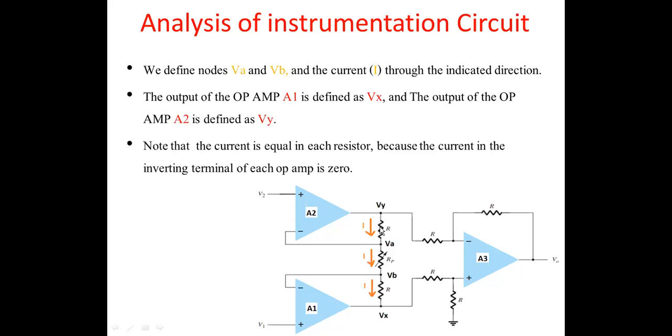Current I is flowing entering into the node VA, and this current would also be flowing through this resistance RP because no current will be entering into the input terminal of the op-amp.